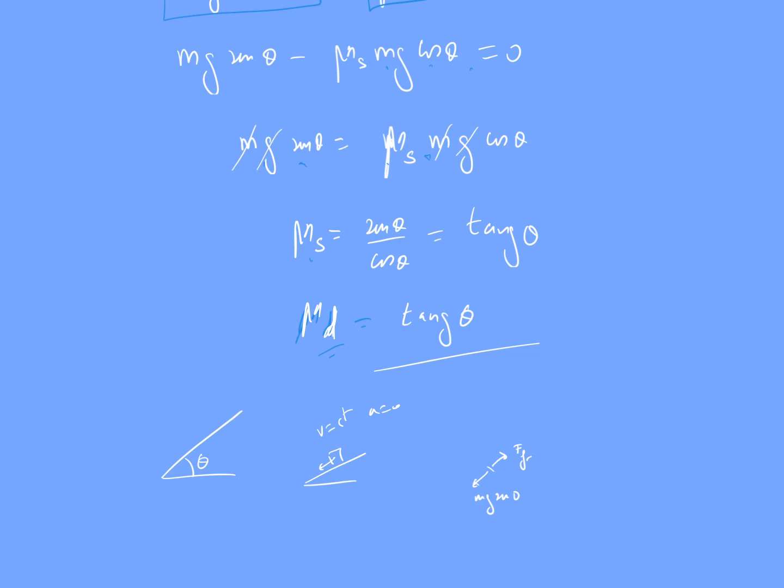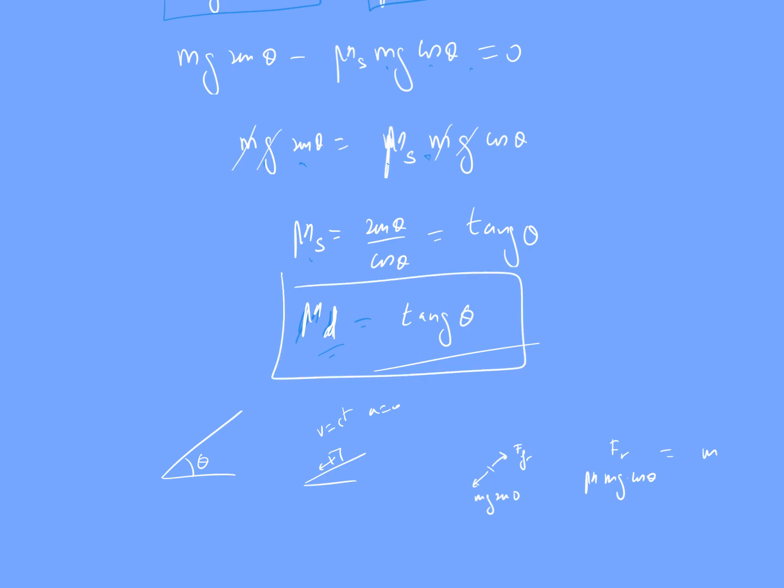And the result will be mu by the normal, mg cosine of theta, is the friction force, which should be equal to mg sine theta. It will be the same result but at a different angle. So both equations will work.